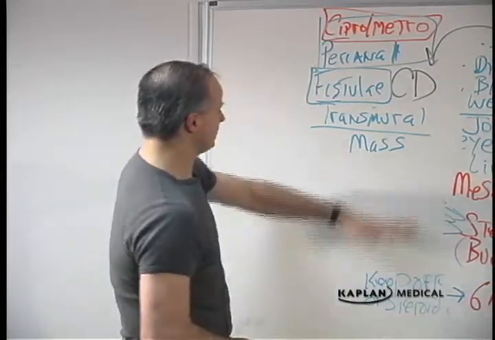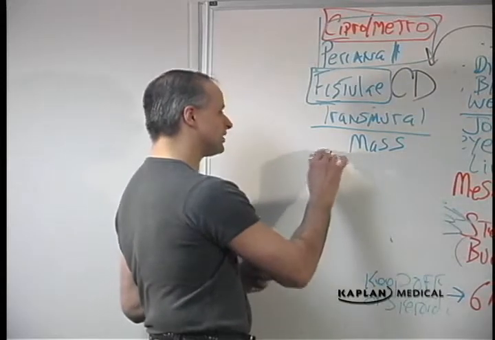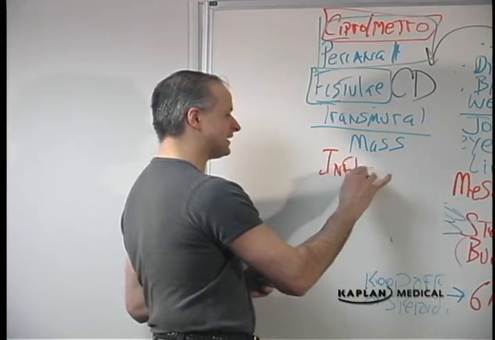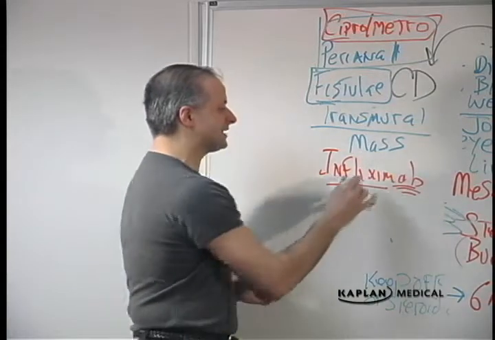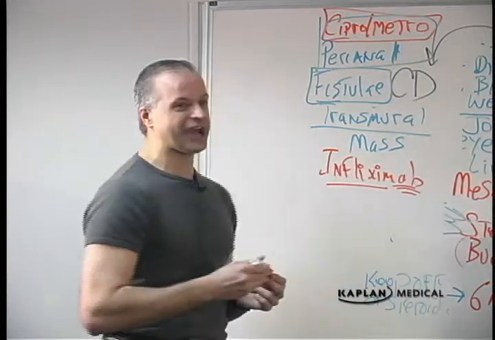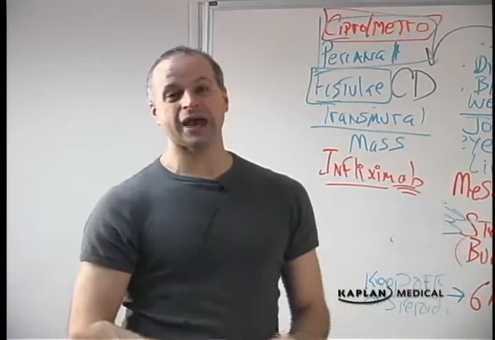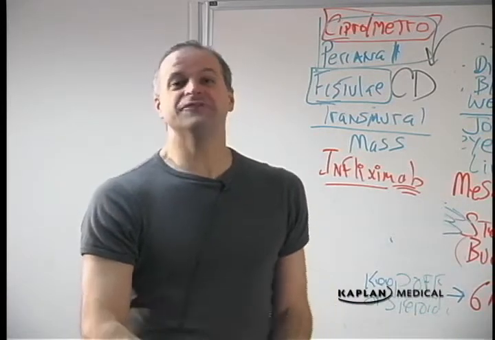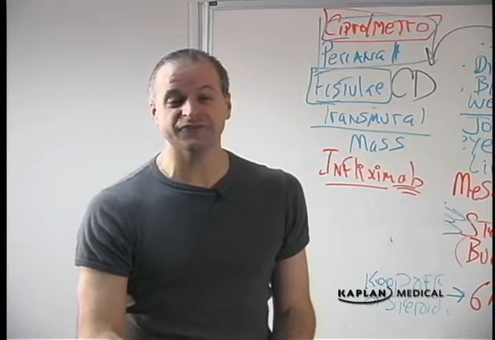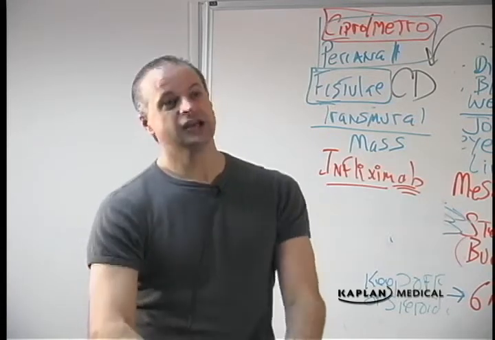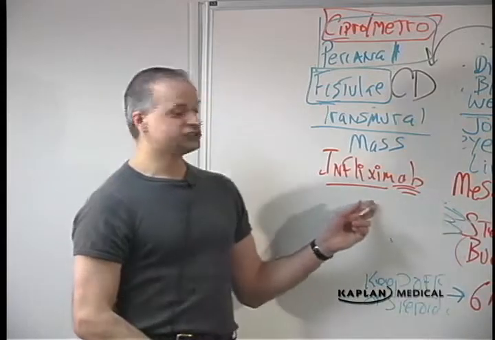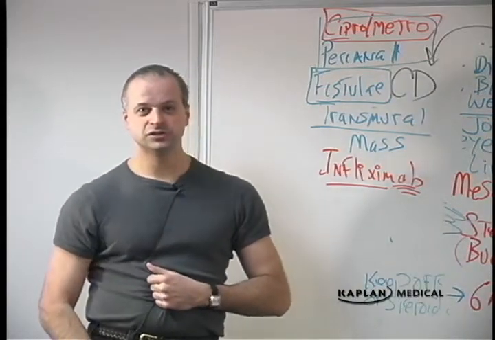The other thing is, that's why we use infliximab. Infliximab is a monoclonal antibody against tumor necrosis factor. Infliximab is for fistulas. Infliximab for fistulizing Crohn's closes up those holes.